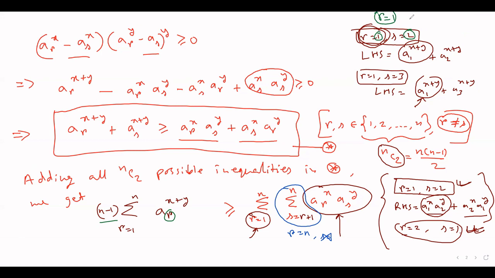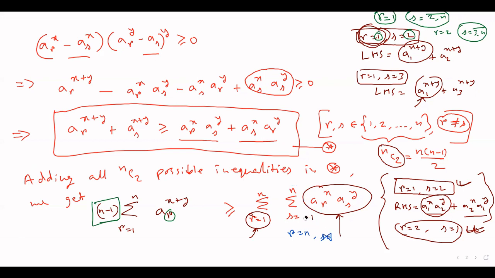If R equals 1 is chosen, S is from 2 to n, so there are n minus 1 choices of S. Then choose R equals 2 again. If I start S from 3, then S runs from 3 to n, and in that case, we have just n minus 2 choices of S here. So this argument breaks down, that we are going to get each AR exactly n minus 1 times.